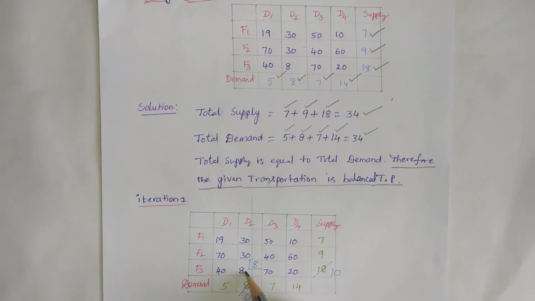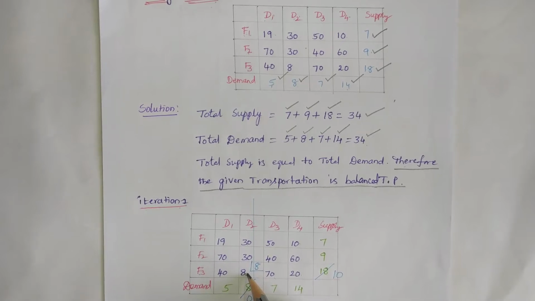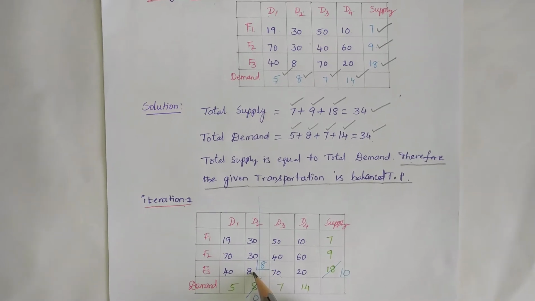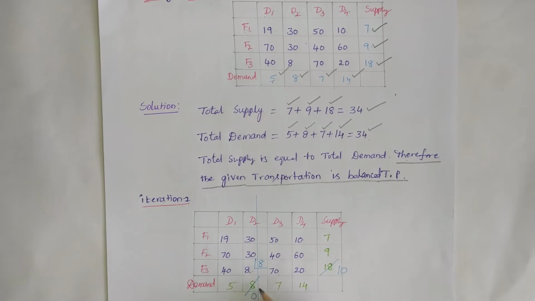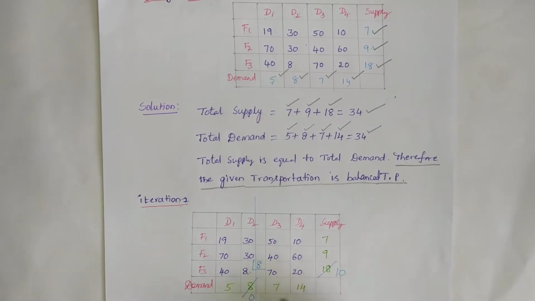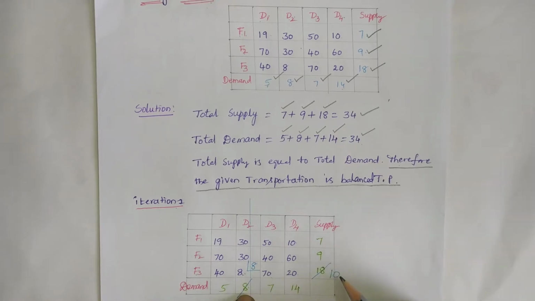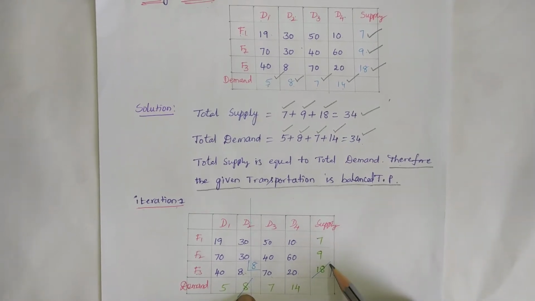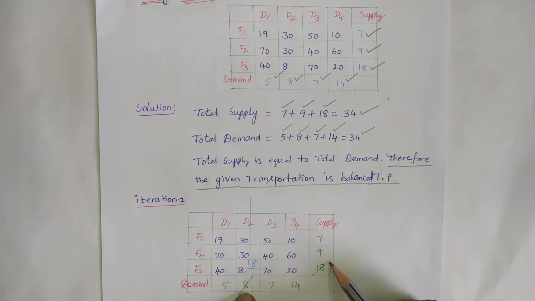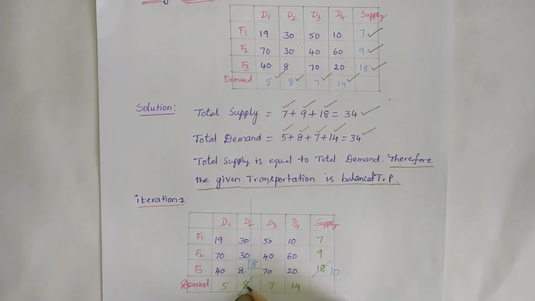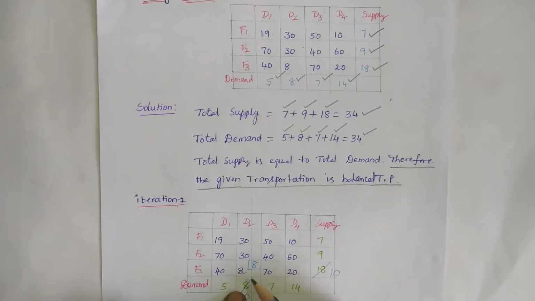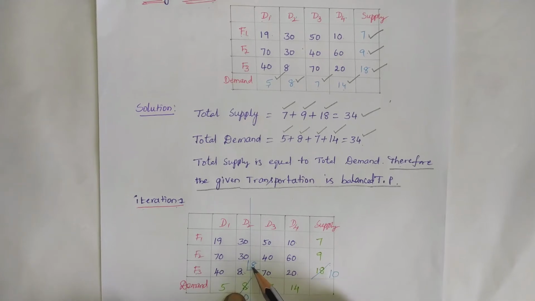After identification of the least cost cell, find the demand value. Demand is 8 and supply of 18 units is available. But the demand is only 8 units, so we have to allocate 8 units to this cell.